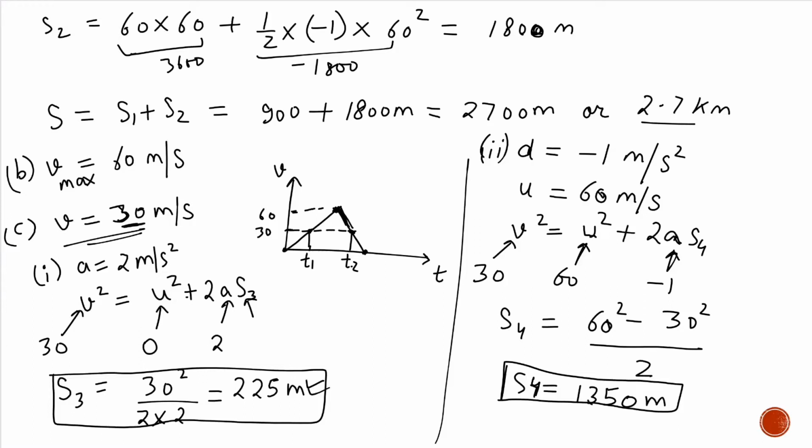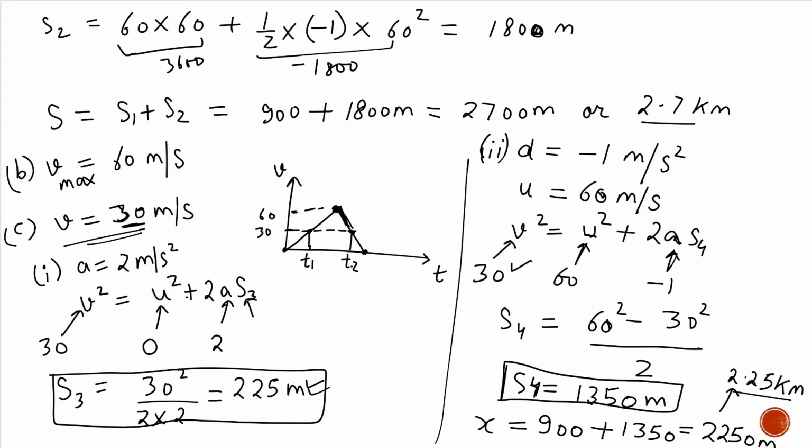So the position of the train would be equal to this: the train accelerates for 900 meters and then it decelerates. Initially the train travels 900 meters in acceleration, and then 1350 meters when the train is decelerating. Therefore the total distance which the train travels when it achieves the velocity of 30 meter per second would be 2250 meters, that is 2.25 kilometers.